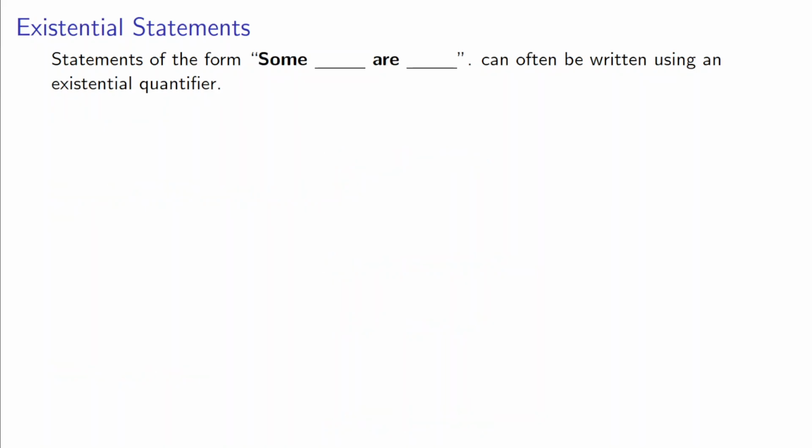Another common form we might see is statements of the form "some blanks are blank." We can use an existential quantifier here and write there exists an x such that P of x and Q of x. So we might put P of x here and Q of x here. There exists an x that is both P of x and Q of x.